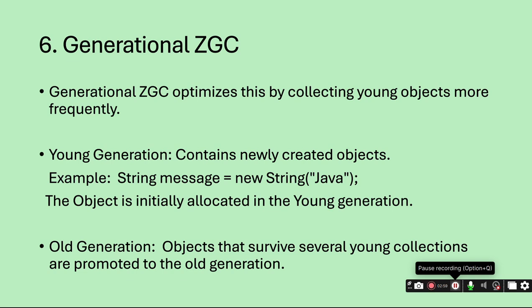Here we need to understand: suppose we have created some objects, and let us assume that the garbage collector runs after some time. Some young generation objects will be garbage collected, meaning those without any reference.